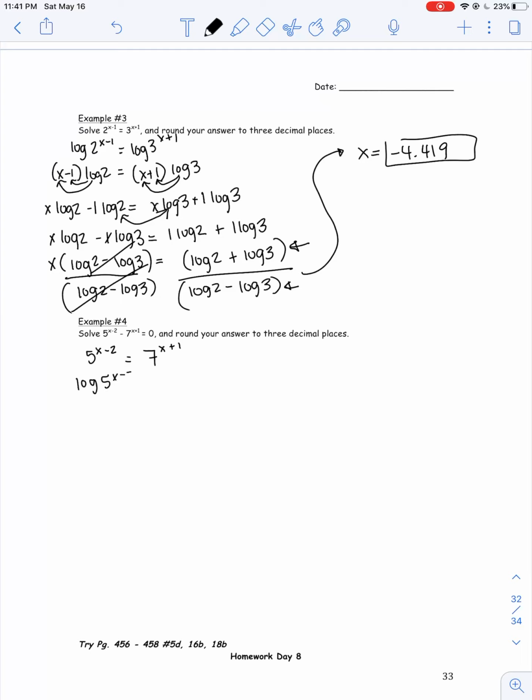Then I'm going to put log on both sides, just like the previous case. And then I'm going to bring those powers in front as coefficients.